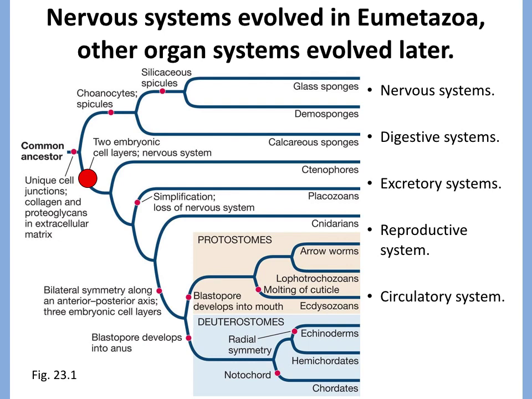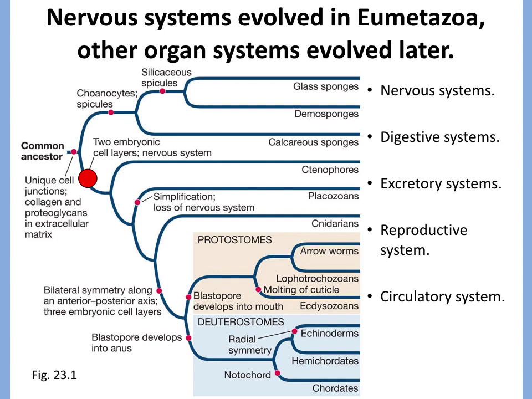We also get around the same time the evolution of the nervous system. Most animals within eumetazoa have some sort of simple nervous system, even limited to something like a nerve net, which is just a few neurons linked together. Except for placozoans, they seem to have lost or have an overly simplified nervous system altogether.